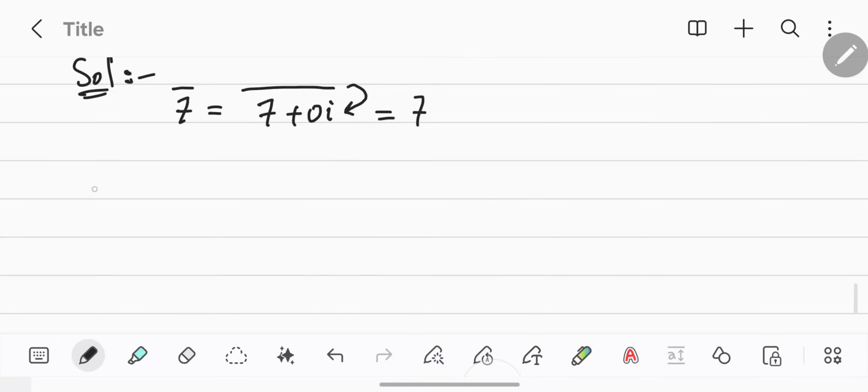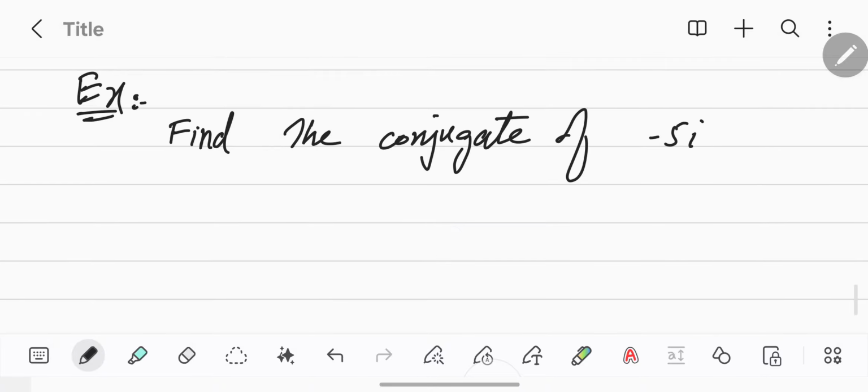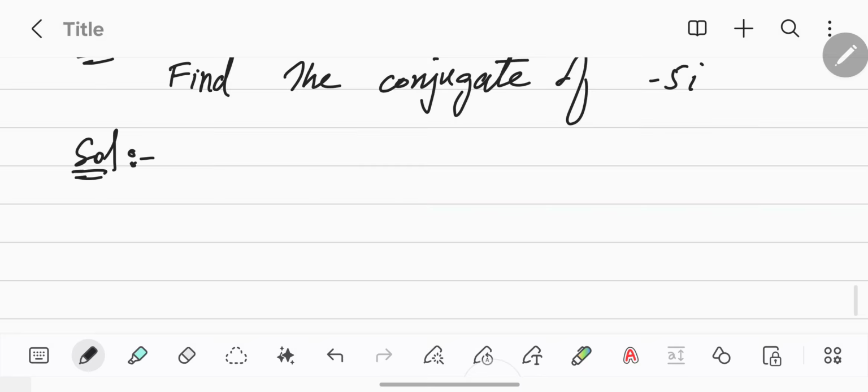Okay, so let's do another example. Find the conjugate of minus 5 iota. Here is the solution. First of all, you will write it into the form a plus b iota. You know, minus 5 iota can be written as 0 minus 5 iota. Okay, here is the real part and here is the imaginary part.